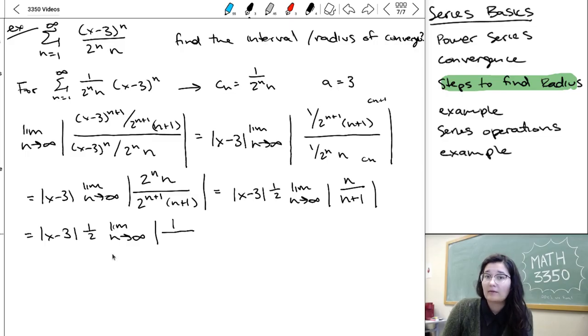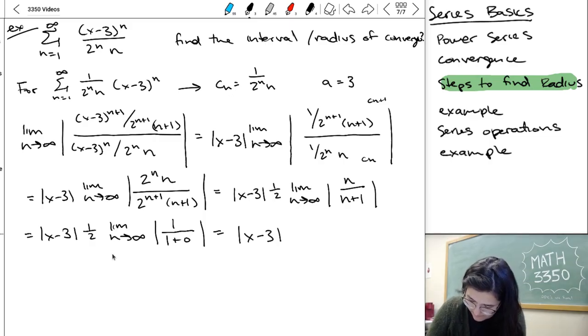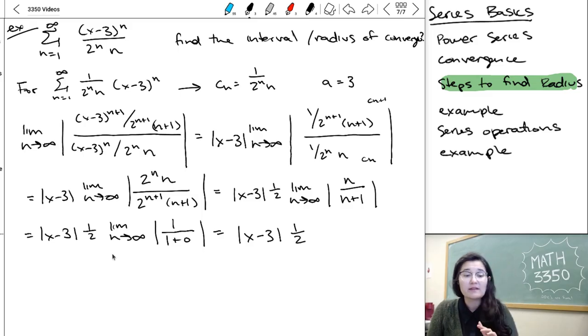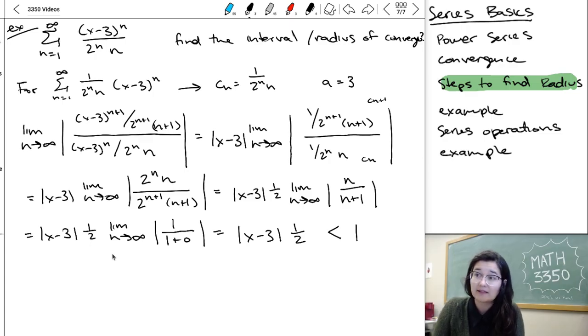And derivative of n plus 1 with respect to n is 1 plus 0. So still 1. And now there are no more n's. So the limit is just 1 over 1, which is 1. So I'm left with that this is just absolute value x minus 3 times a half. And what I would like, in order to have convergence, is for this to be less than 1.